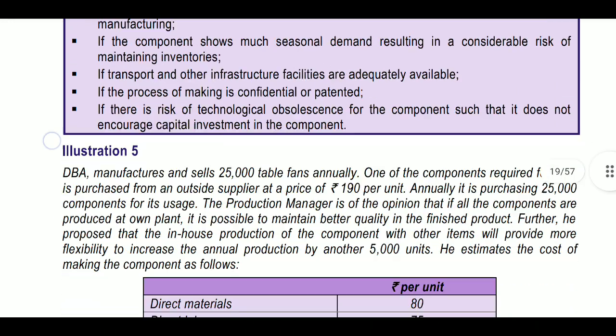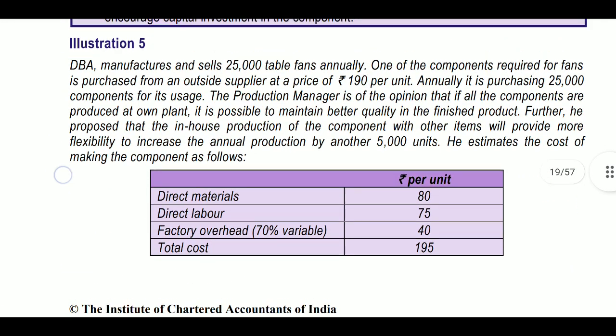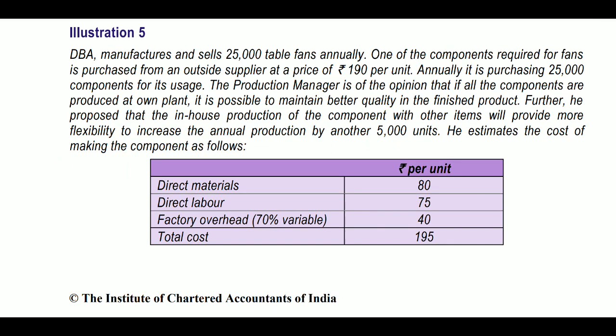Always go for outsourcing in such cases. One illustration here: DBA manufactures and sells 25,000 table fans annually. One of the components, that is, a raw material required for the fan, is purchased from an outside supplier at a price of 190 rupees. So he is purchasing at the cost of 190 rupees.